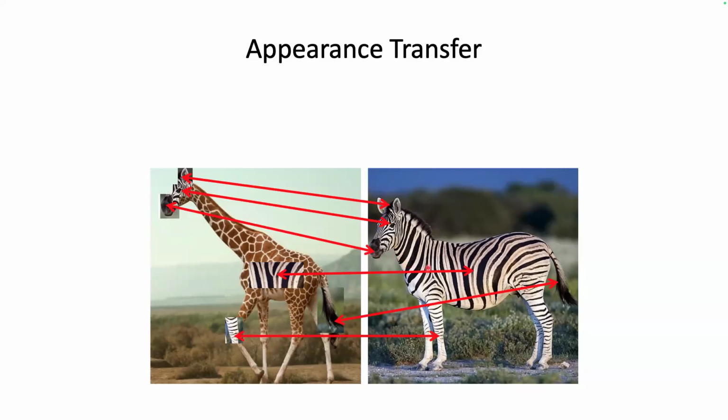So we're not only aiming at transferring stripes onto the giraffe. We also want to make sure that the appearance from the head is transferred to the head, and the appearance from the legs is transferred to the legs. So this is the kind of output that we're looking for.